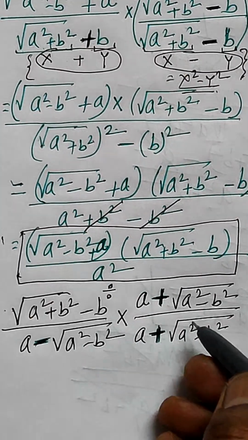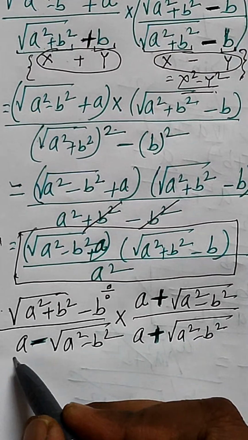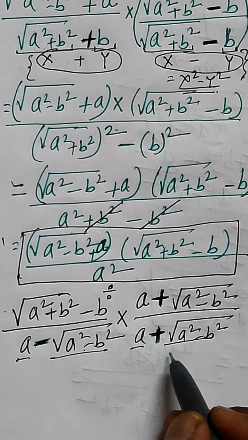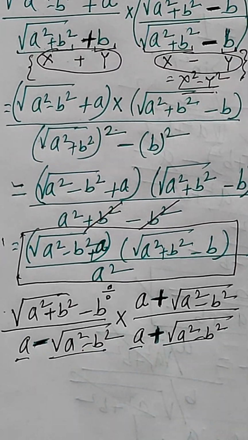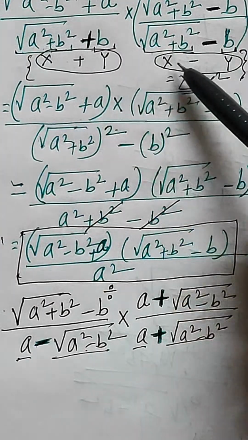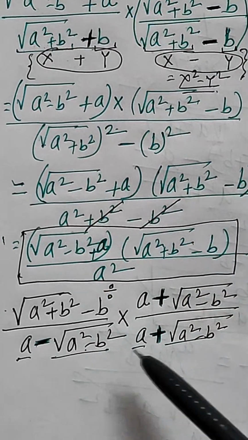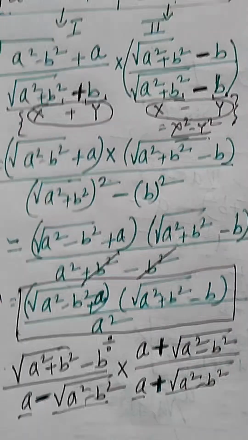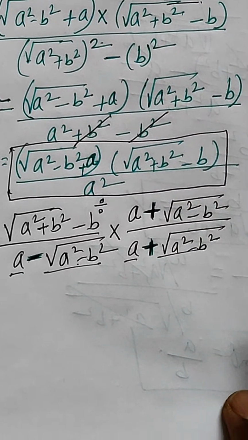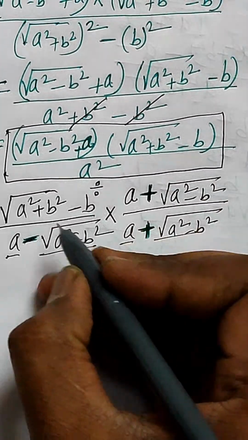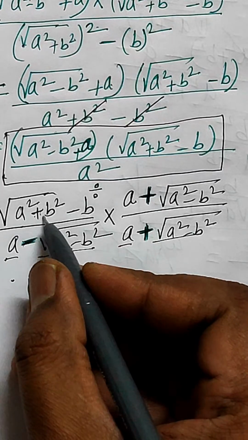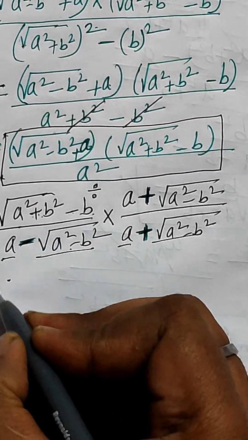If this is x and this is y, then (x − y)(x + y) will be equal to x² − y². So we'll follow the same over here and rationalize the second term of this expression. When you multiply it, √(a²+b²) − b will be as it is.